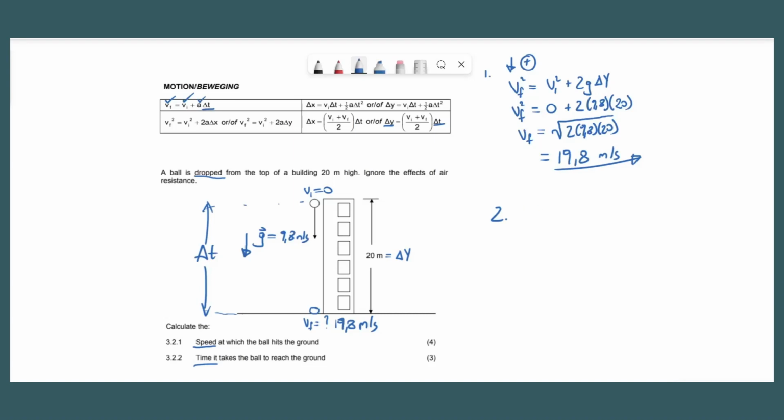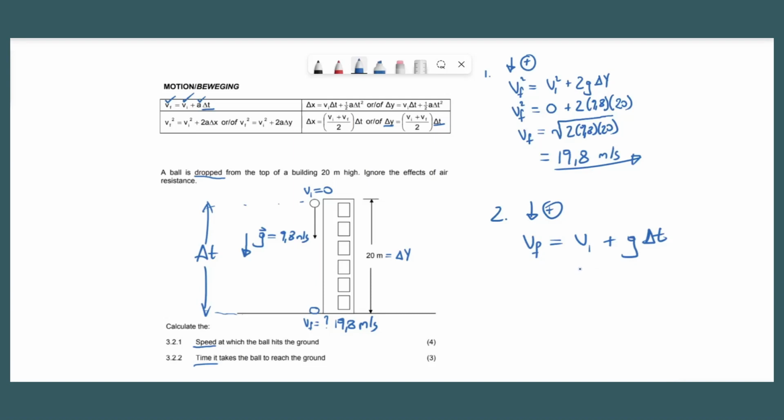So I'll continue to stick with the downward as the positive direction. Then I write down the formula that I'm going to use, which is VF = VI + G ΔT. I like writing G instead of A for the acceleration because this is projectile motion, so we already know that it is the gravitational acceleration.